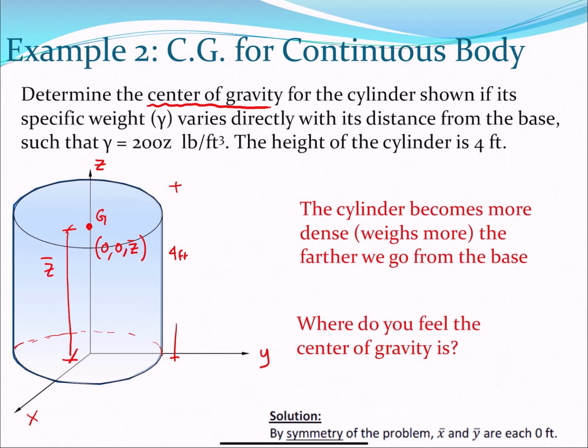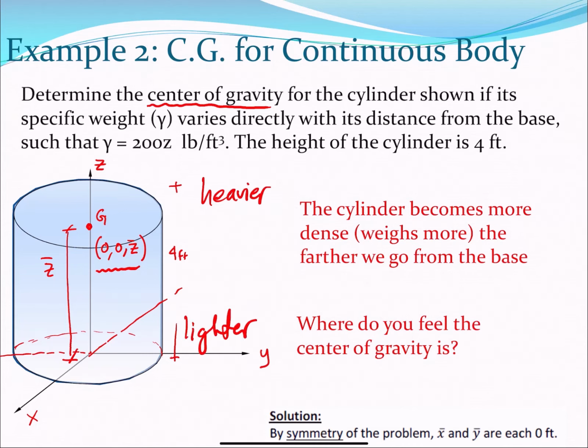Take a look at how it's located in the x, y, and z axis. So we expect the center of gravity to be located along the z axis, so 0, 0, z bar. We are looking for that z bar point that determines the center of gravity of this object. Because of symmetry, we know that it's at x equal to 0 and y equal to 0, and it just rises on z. Now, if the heavier part is at the top, this is heavier, and this is lighter.